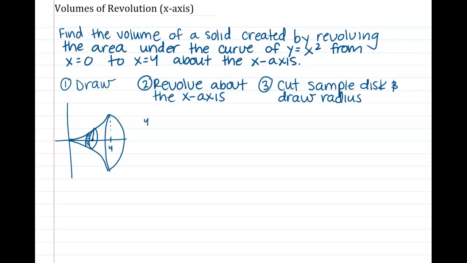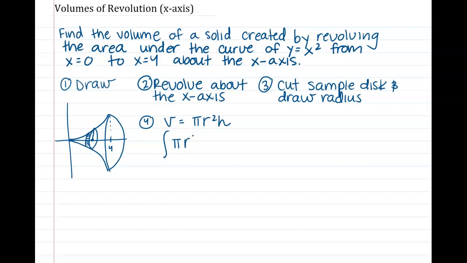So now what we'll do is, volume of a cylinder, not that this is a cylinder, this is kind of a weird cylinder, is pi r squared h. And we're going to take the integral of the volume because we want to find basically all the volumes of all the disks.